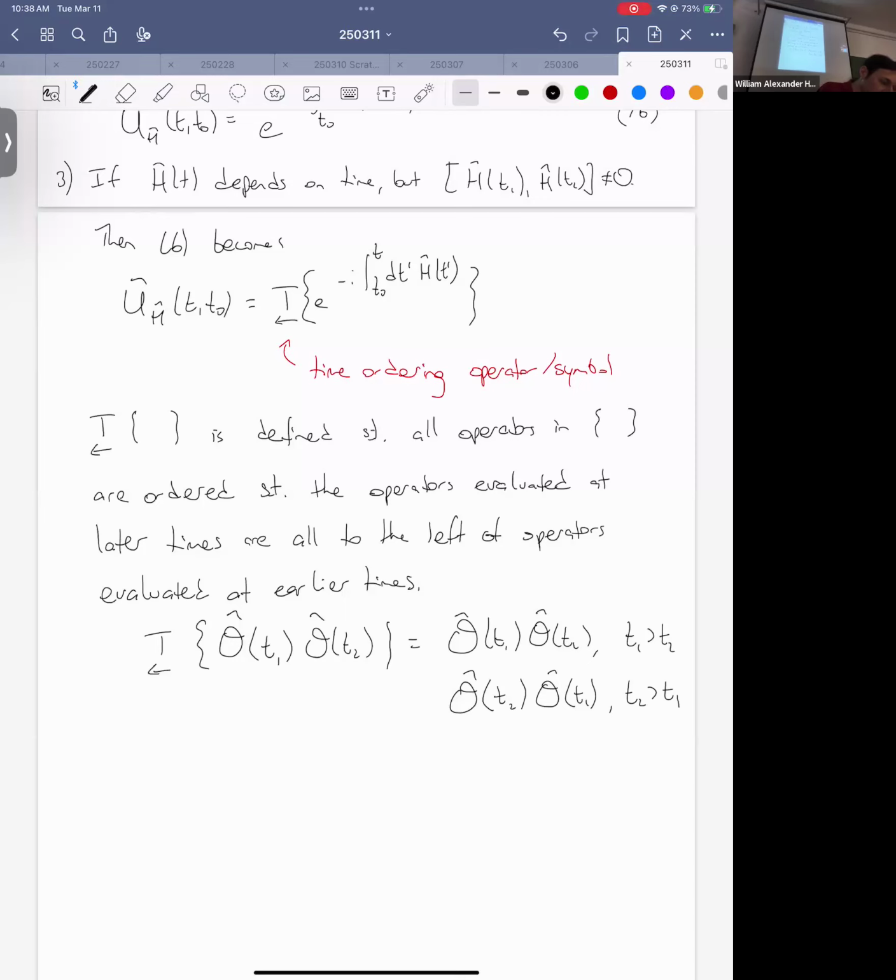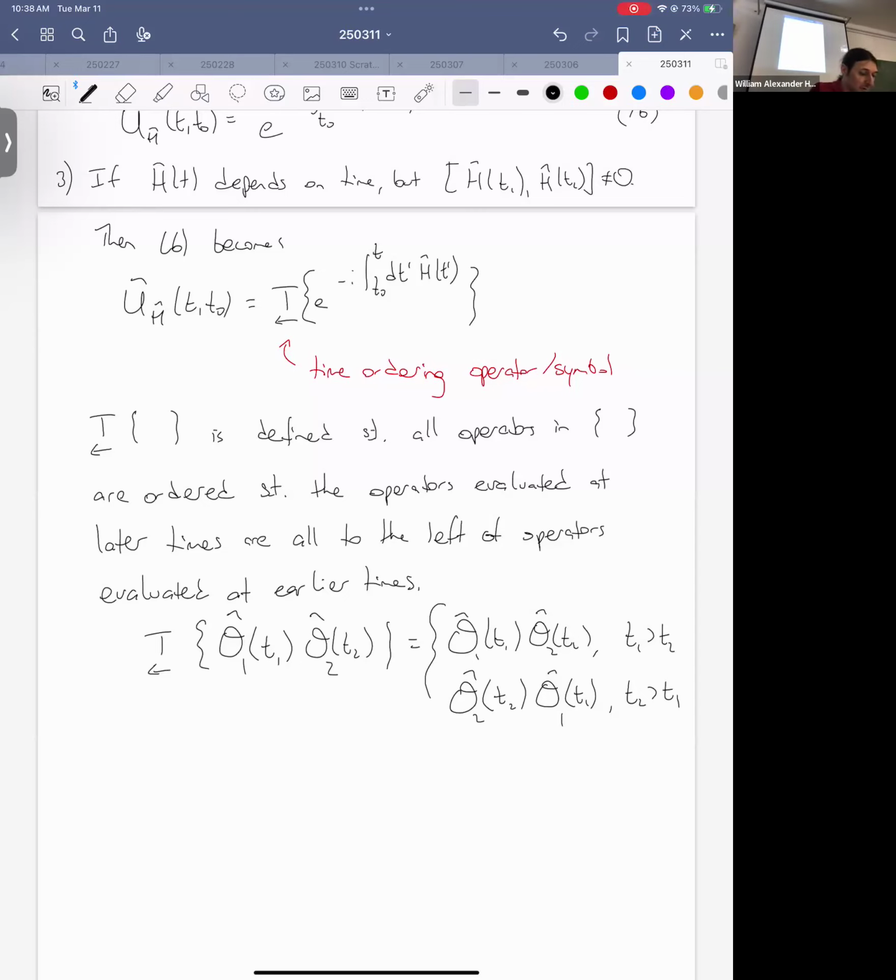Let me make this more obvious: operator 1 at time T1, operator 2 at time T2.